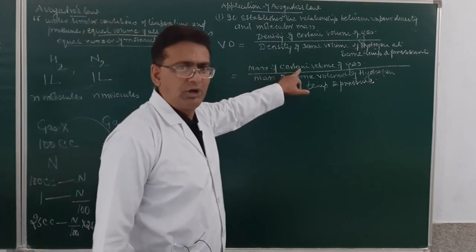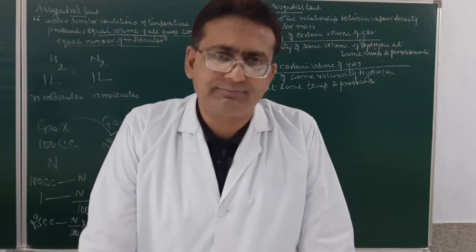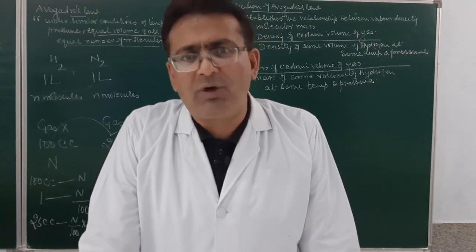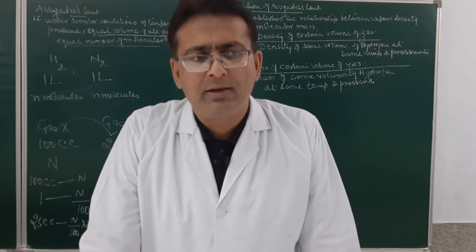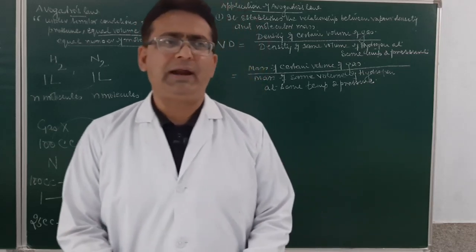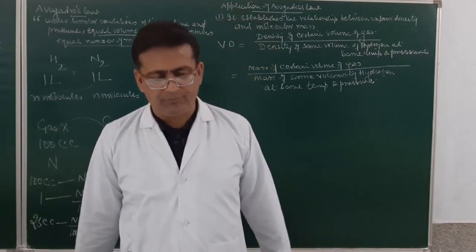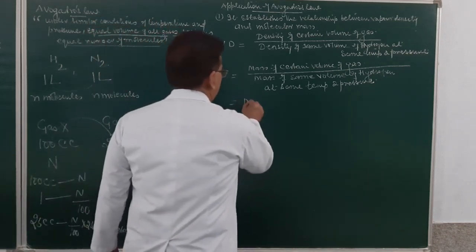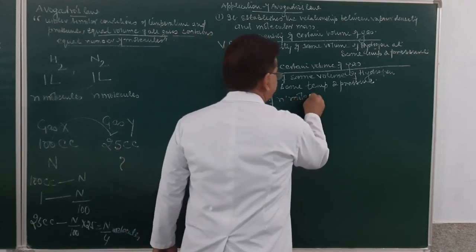If we say in a certain volume of a gas we have n number of molecules, we will write the mass of n molecules of a gas to the mass of n molecules of hydrogen at the same temperature and pressure.